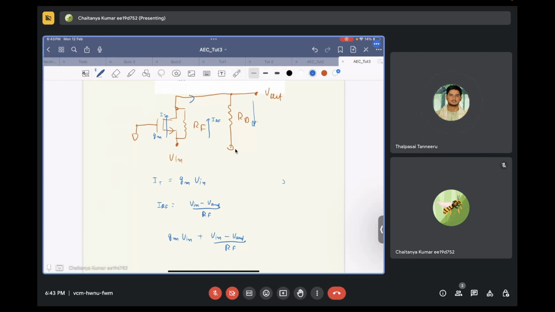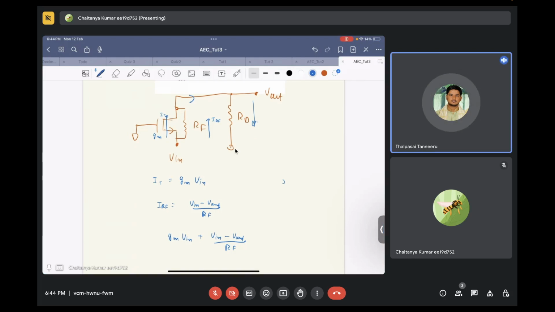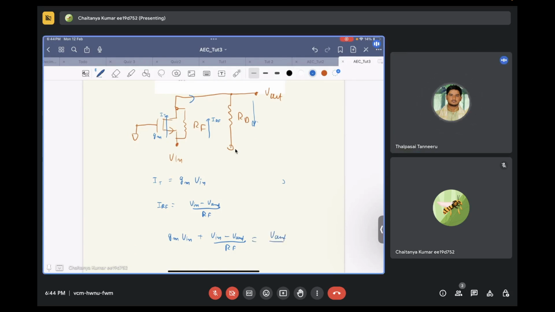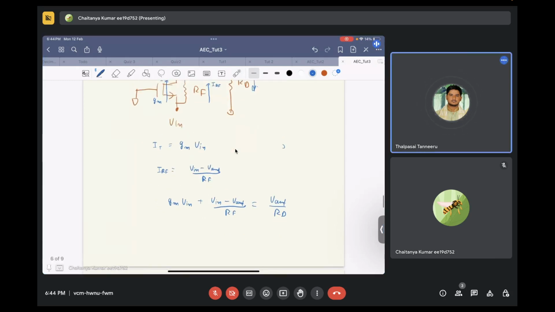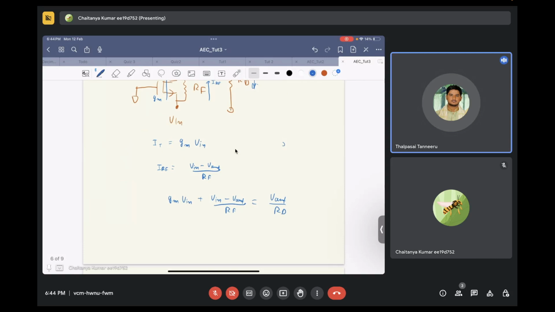And this is equal to GmVin plus (Vin minus Vout) by RF. Correct. We can take Vout common.